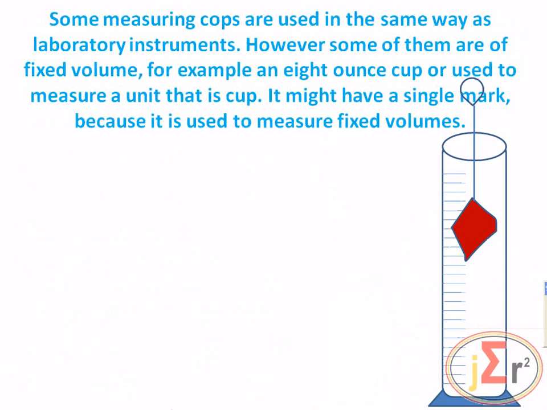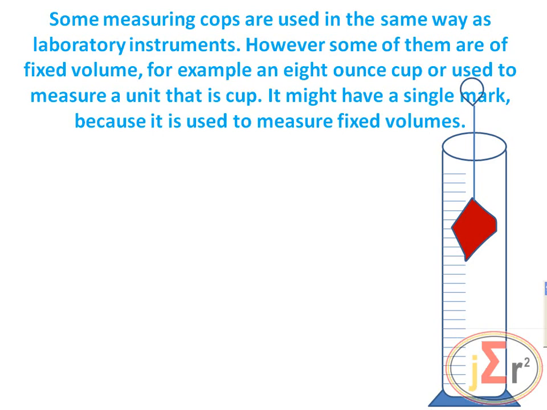Some measuring cups are used in the same way as laboratory instruments. However, some of them are of fixed volume. For example, we have an 8-ounce cup, or we just have one that is called a cup.